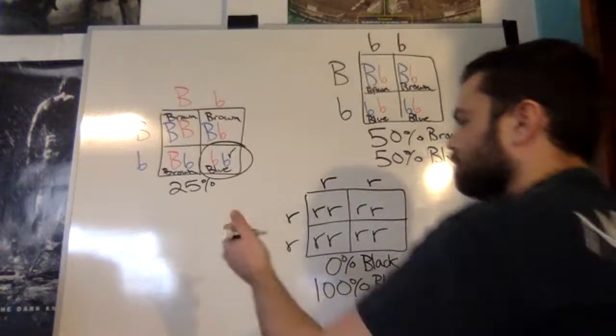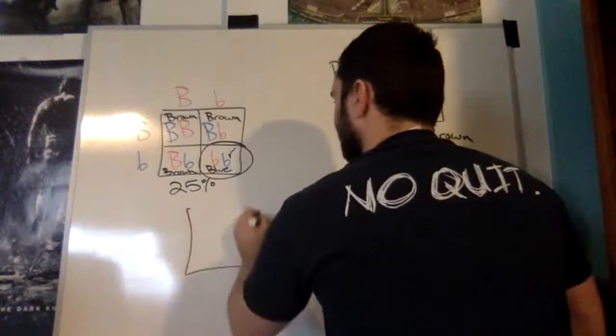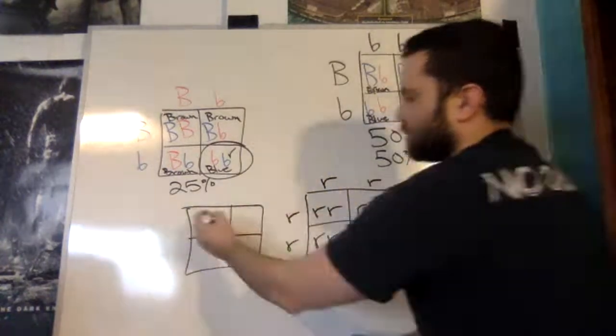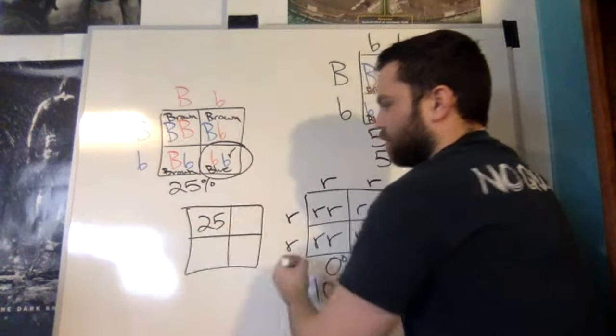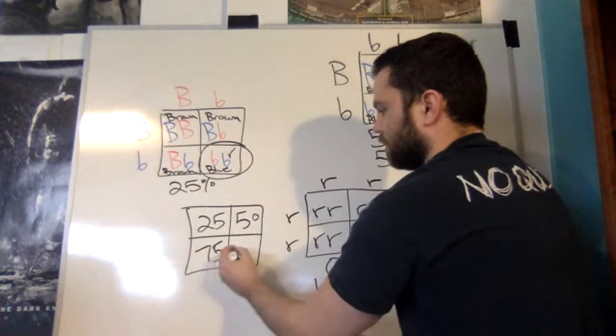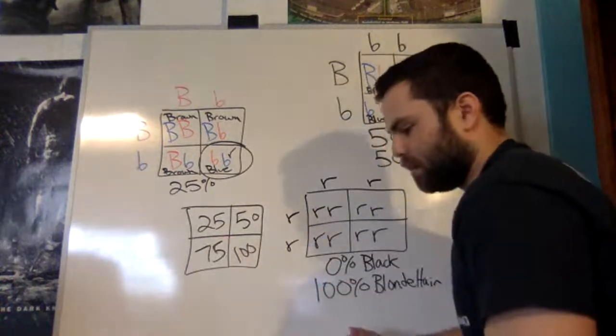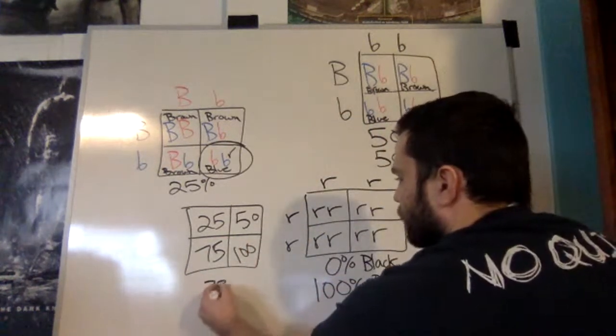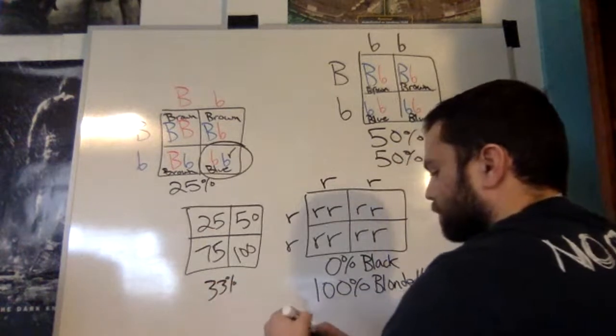All right. So let's look at a Punnett square. One box is 25%. If we put two of them together, it's 50, 75, and then 100. Okay. The only choice that doesn't work is the 33% one. Okay.